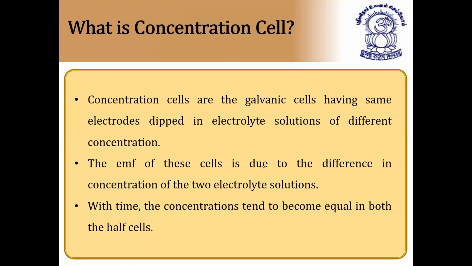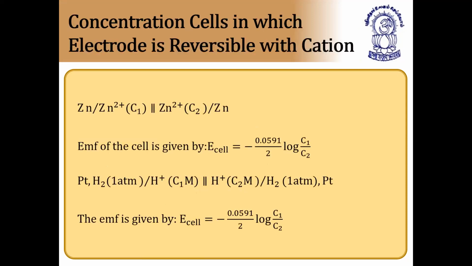Concentration cells are the galvanic cells having the same electrodes dipped in electrolyte solutions of different concentrations. The EMF of these cells is due to the difference in the concentration of the two electrolyte solutions. For example, zinc changes to zinc ions with concentration C1, and zinc ions with concentration C2 change to zinc.